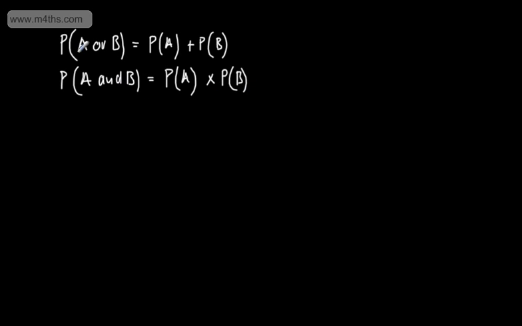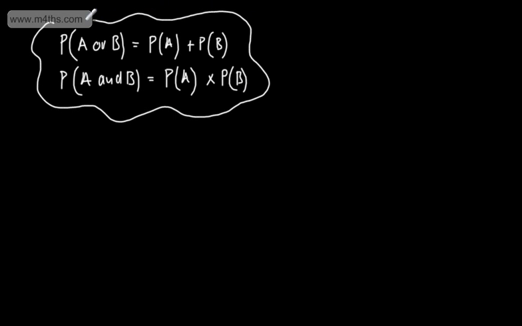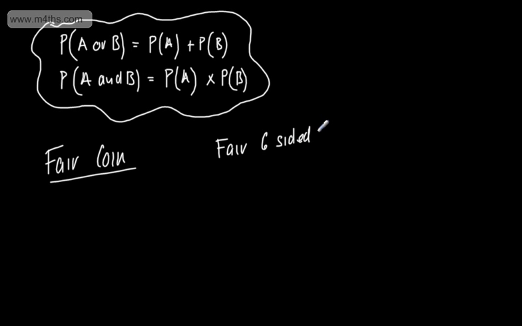What I'm going to do is construct a scenario where we are given a choice to save our lives. What we're going to have is a fair coin, and a fair six-sided dice. We're given the opportunity to choose one of these to save our lives. What we're going to go for is the following.